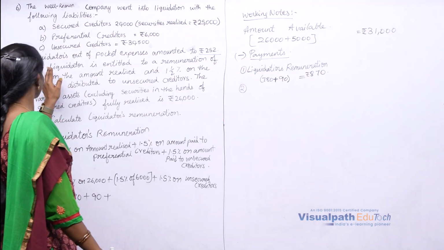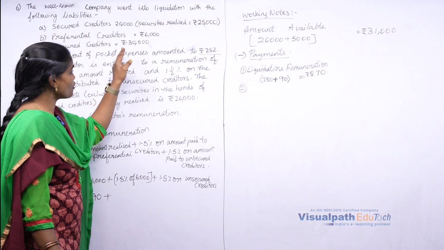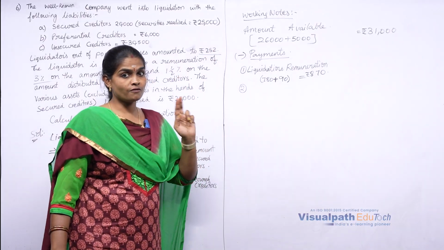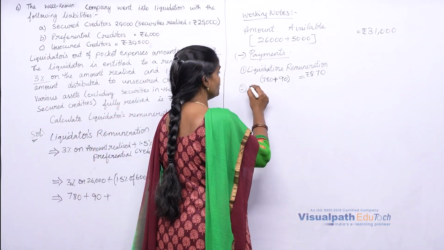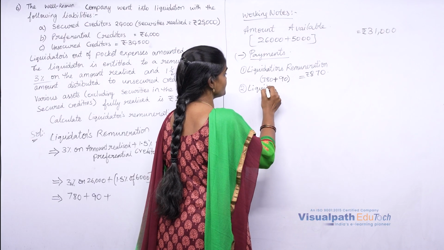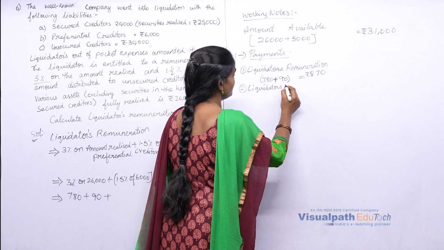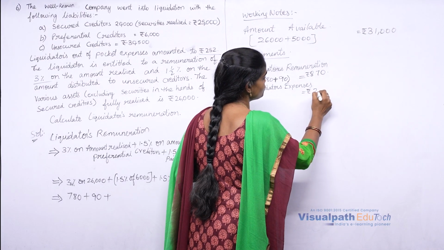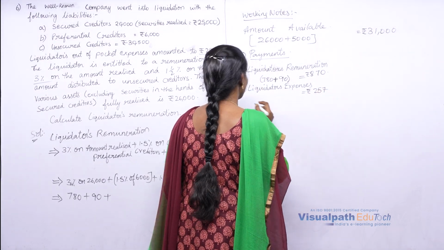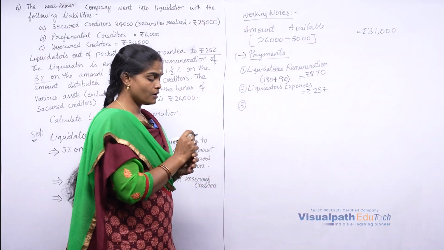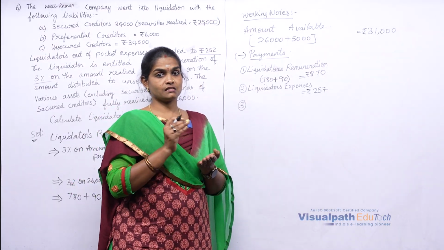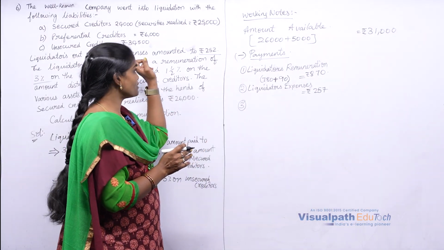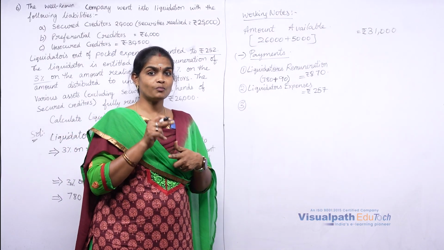Next, the liquidator's out of pocket expenses amounted to rupees 252. Out of pocket expenses paid, so that is the liquidator's expenses. Liquidator's expenses is how much? Rupees 257. Then what payment will we do? After making payment of the liquidator's remuneration and expenses, we pay first to preferential creditors because they have a preferential rate.